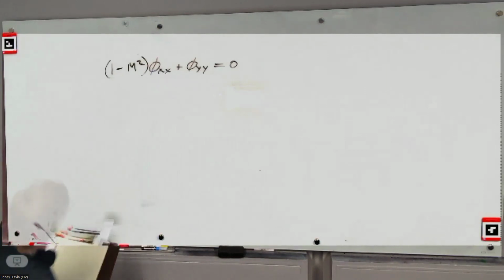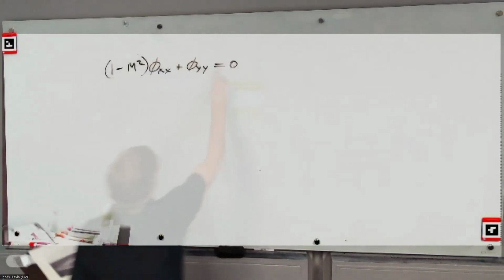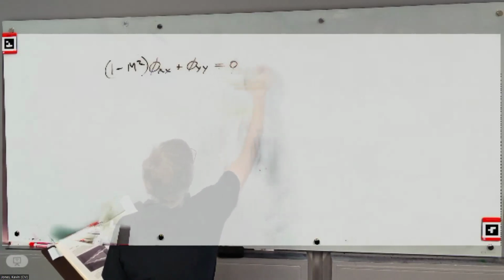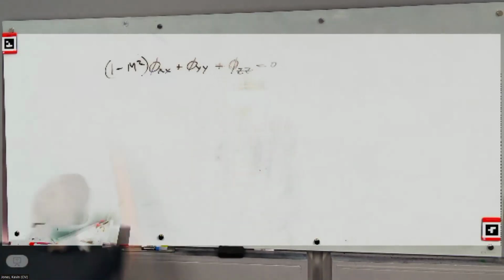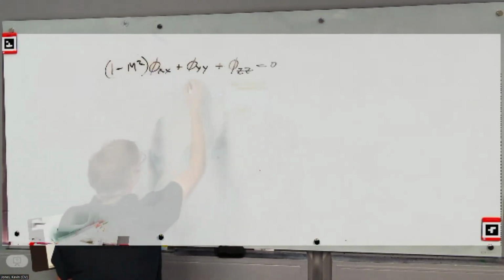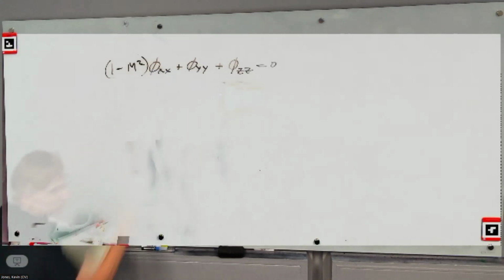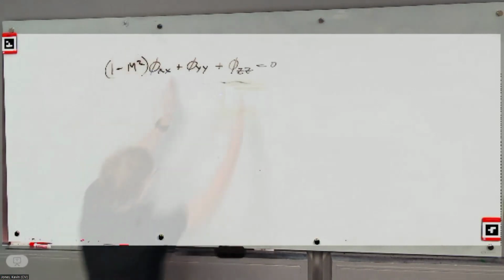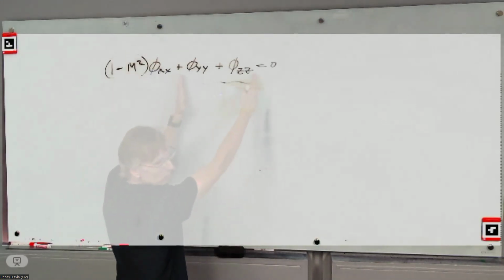I think there's actually a 3D variation, plus phi_zz. And then if you're near sonic, this whole term gets quite small. And what you have left, this is the streamwise direction. It's basically saying that this term kind of vanishes and you're left with a 2D problem.